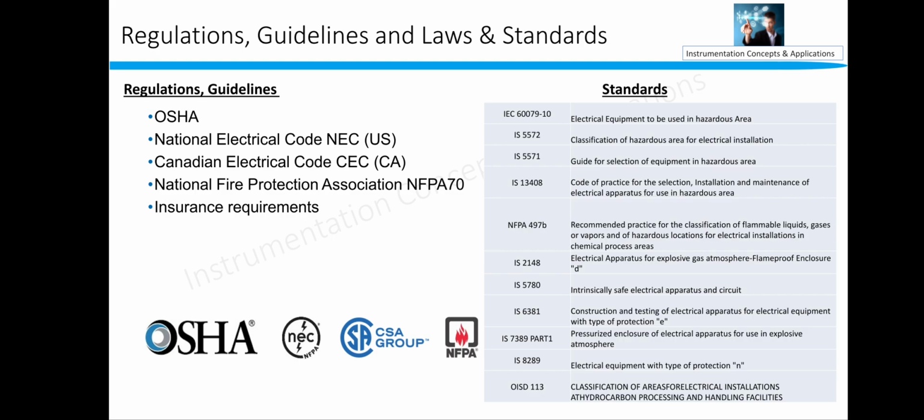This directs you on classification of areas for electrical installation in hydrocarbon processing and handling facilities. So these are some of the standards which have been followed to classify any area as hazardous.